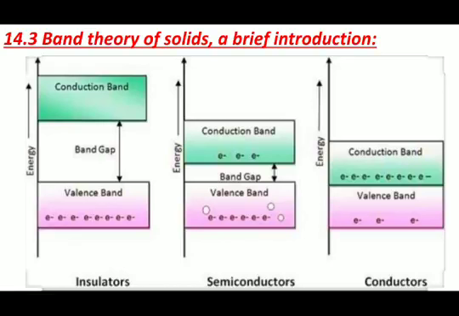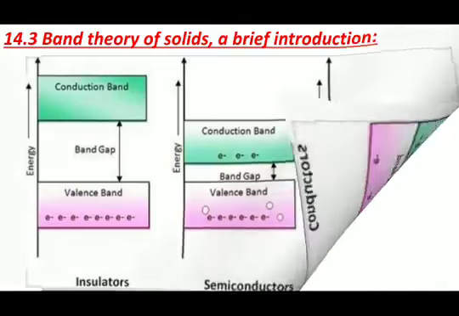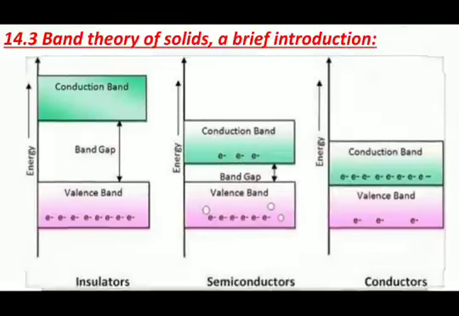Therefore, the resistance of such material is very low, or the conductivity is high. So this is the energy band diagram of the conductor, this is the energy band diagram of the semiconductor, and this is the energy band diagram of the insulator. So this is all regarding the conductor, insulator and semiconductor.